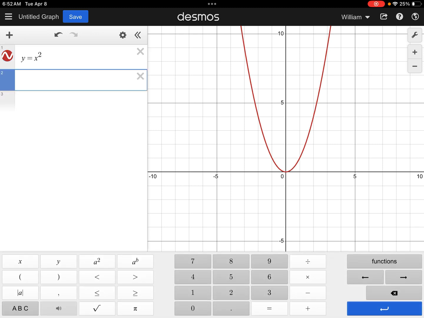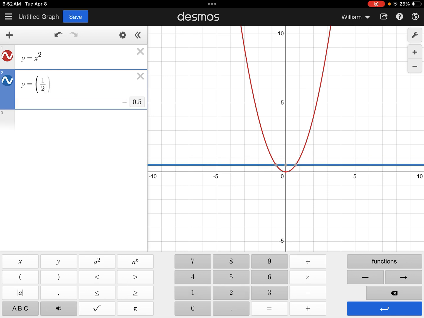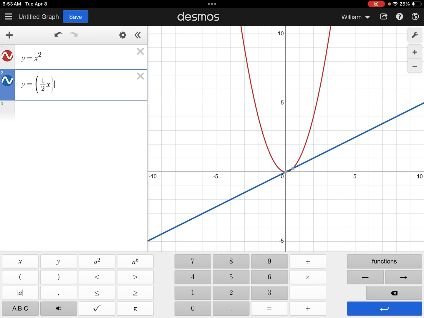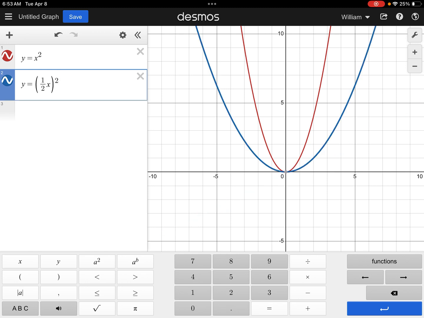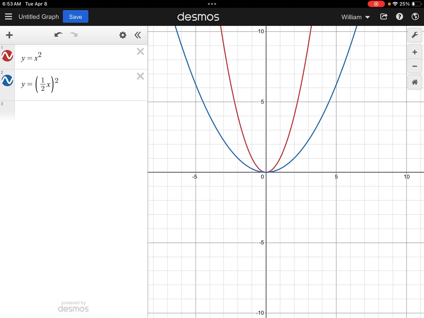Now look what happens if I do y equals 1/2 x, and then I'm going to square that. And notice how my blue graph is wider than my red graph, because I'm taking each of my x values and dividing it by 1/2, multiplying it by 2.